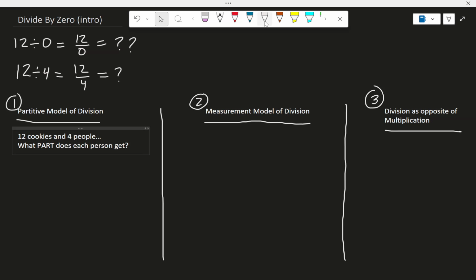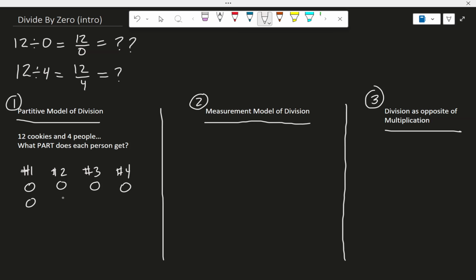Of course, you probably already know the answer. If there's 12 cookies and 4 people, and they split it evenly, here's what each person gets. So if I have the 4 people, person number 1, person number 2, person number 3, and number 4, let's see what each of them gets. Let me start dishing the 12 cookies out evenly. You get a cookie, you get a cookie, you get a cookie, and you get a cookie. That's 4 cookies so far.